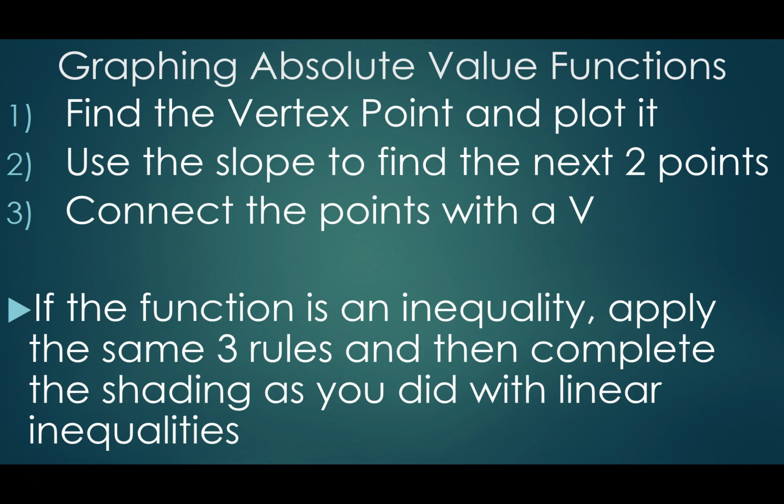That tells you your slope is 1 or negative 1. Then you connect the points to make the V. If we are dealing with an inequality, which we will, you still apply these 3 rules to find the points. Just make sure you connect the V with either a solid or a dashed line, similar to what we did with graphing linear inequalities, and then shade as well, again similar to graphing linear inequalities.